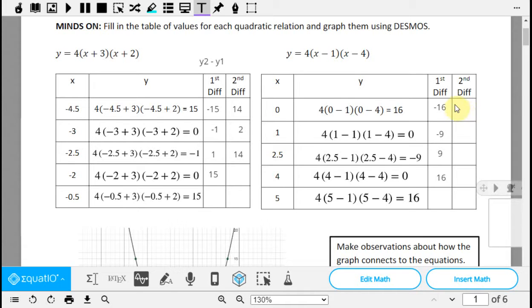Looking at the second differences now, from -16 to -9 is up 7. -9 to 9 is 18. 9 to 16 is 7.